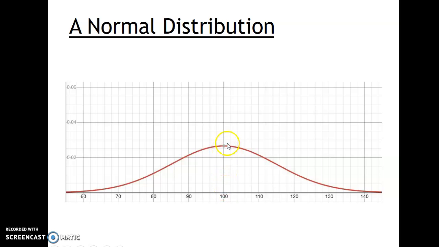If you imagine shooting a line up from 100 along the horizontal axis, same thing right there, and measuring that area, that would tell you the probability that we grab somebody at random who happens to fall into that particular range of IQ values.